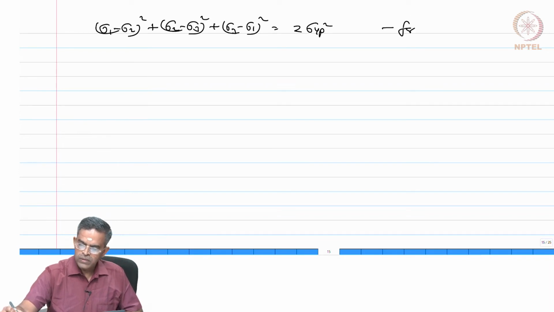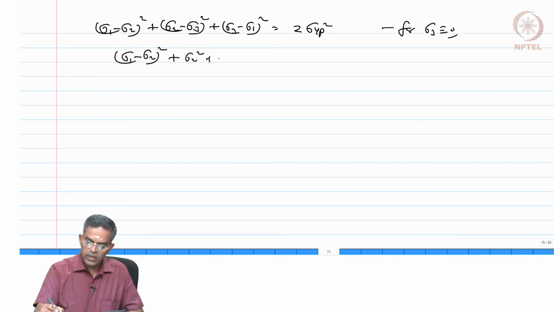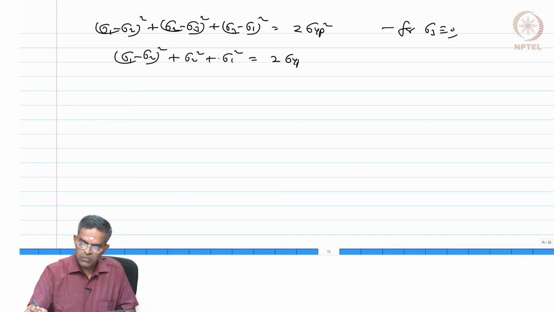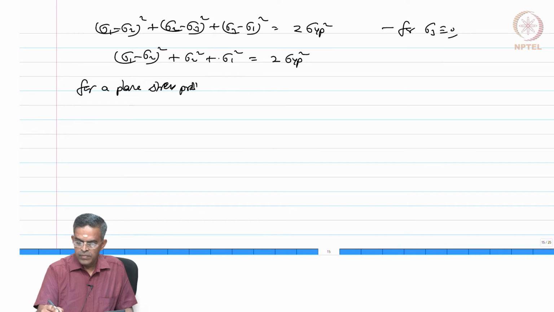For sigma 3 equals 0, sigma 1 minus sigma 2 the whole square plus sigma 2 square plus sigma 1 square should be equal to 2 sigma yp square. So, for a plane stress problem, sigma 3 is 0.